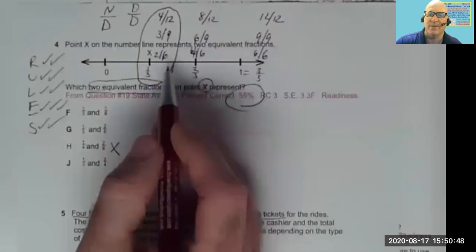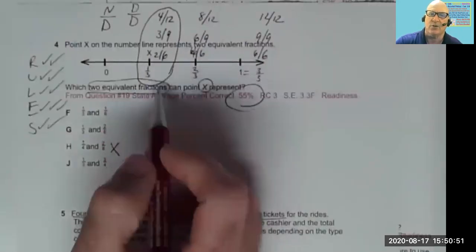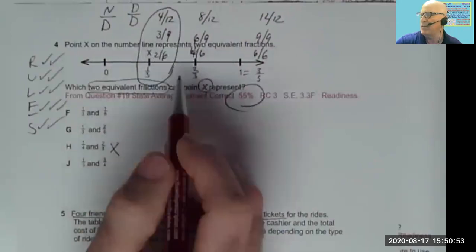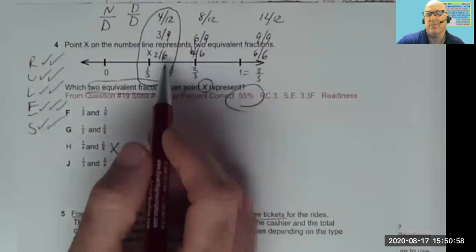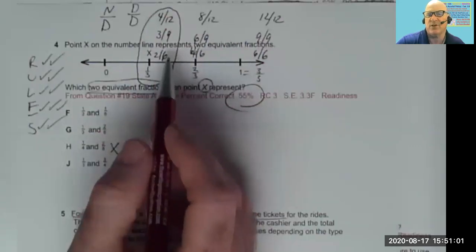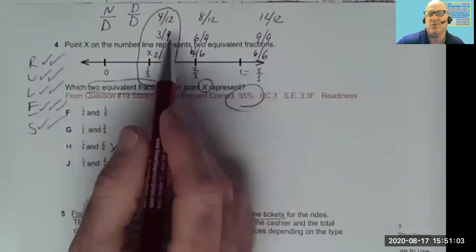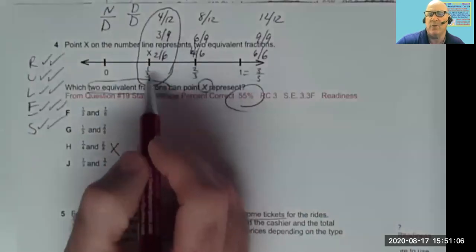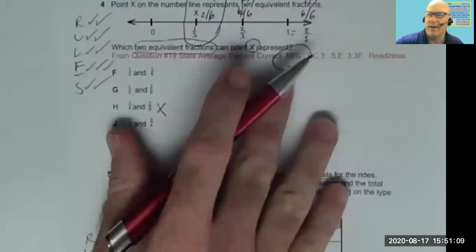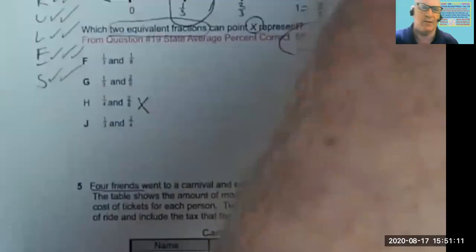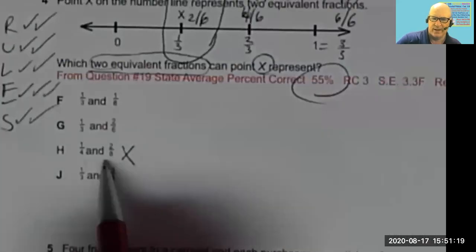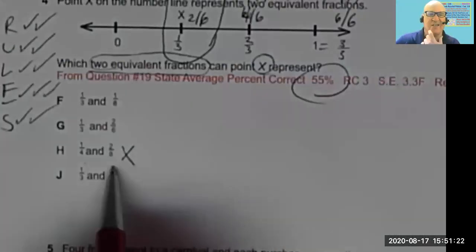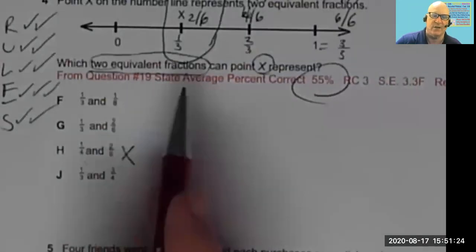Because they were only asking about the X, I circled all of the fractions that it came up with using X, and you can see the same numbers that I just showed you on the equivalent fractions poster, 2/6, 3/9, 4/12. One of those has to be there with 1/3. Well, what I'm going to do right away, I'm going to zoom in because these are a little bit small, because letter H, 1/4 and 2/8, is not even in my list when I circled.